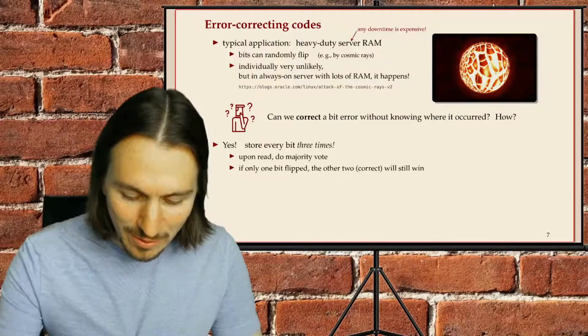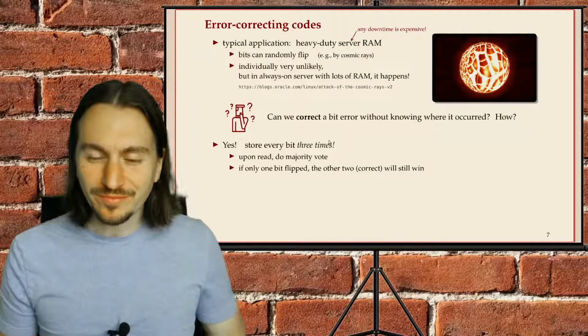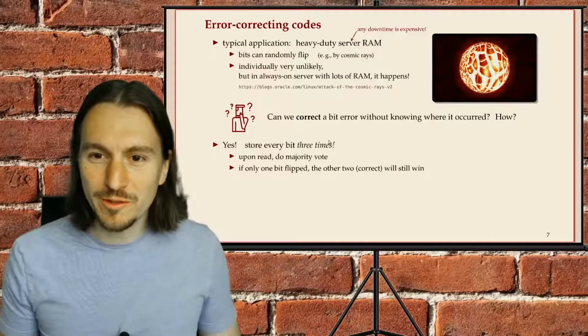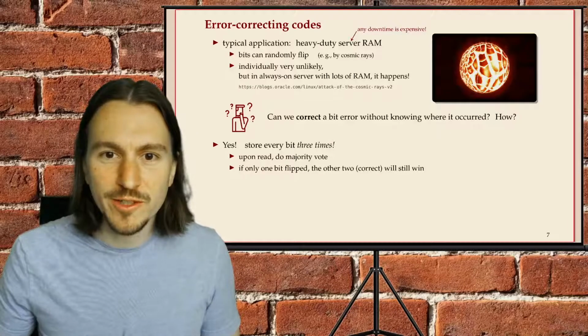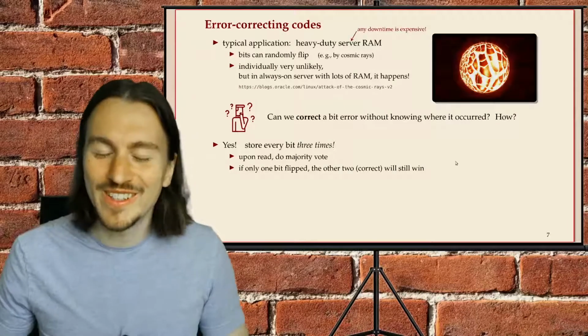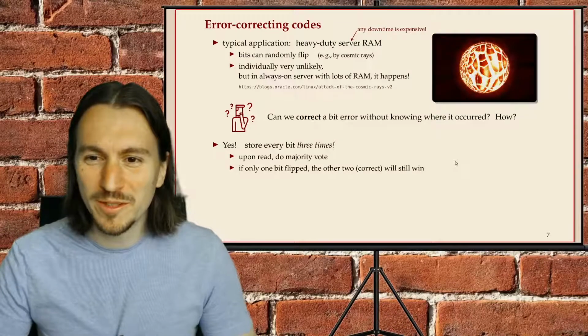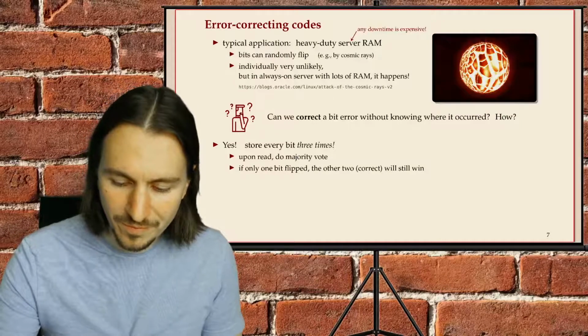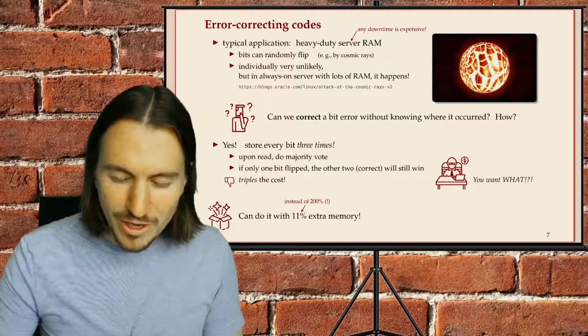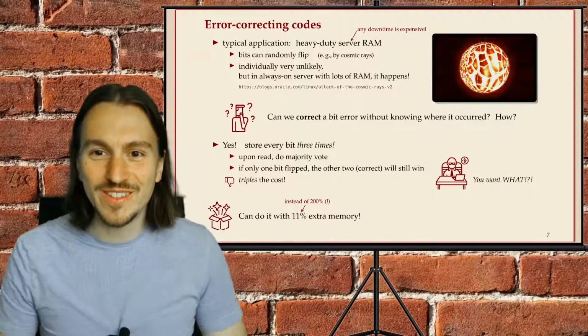We saw a very simple code where you just duplicate every bit 3 times. That's very space inefficient, but it allows you to correct any 1-bit error within these 3 bits by just taking the majority. But an overhead of 200% is too much.